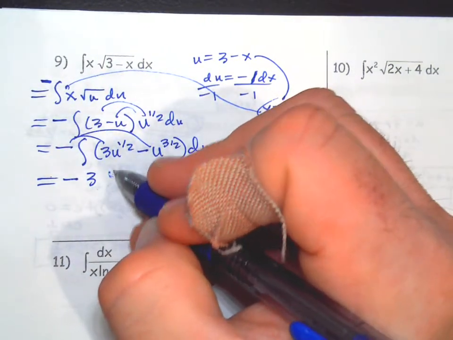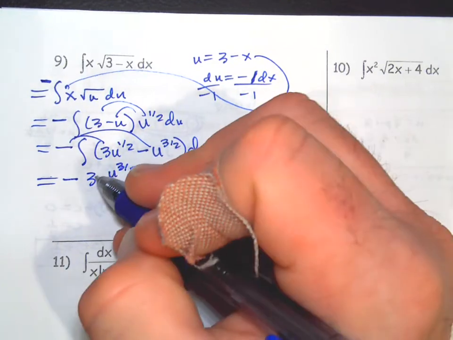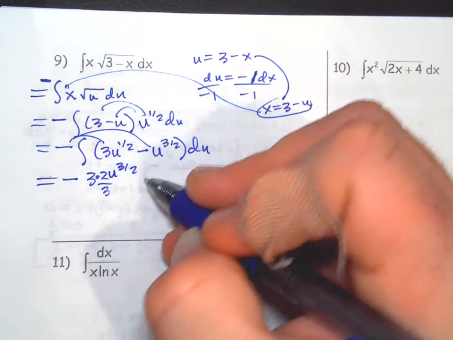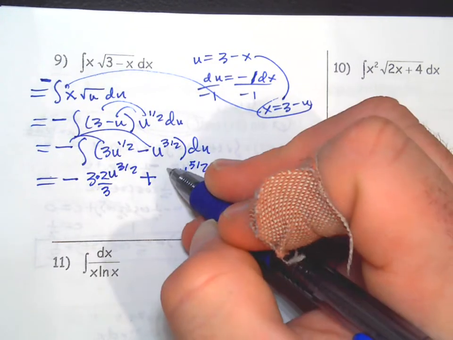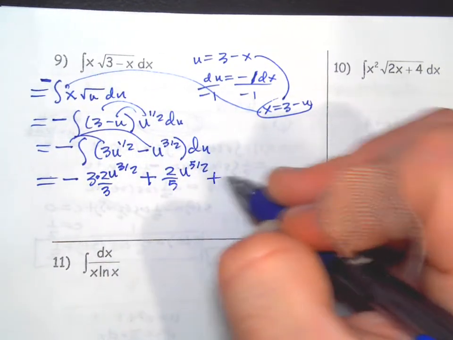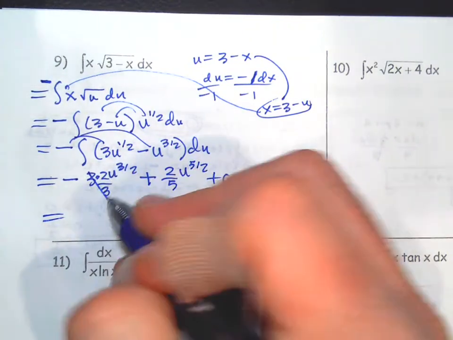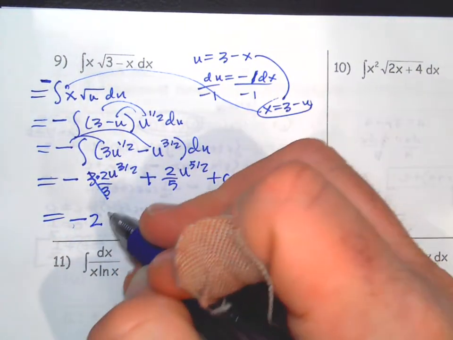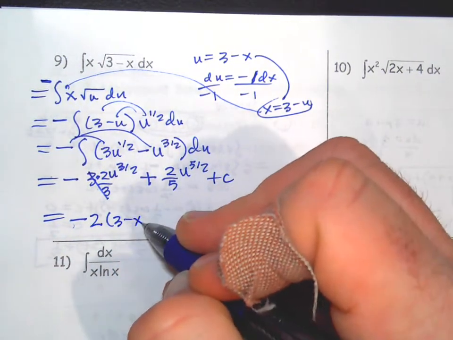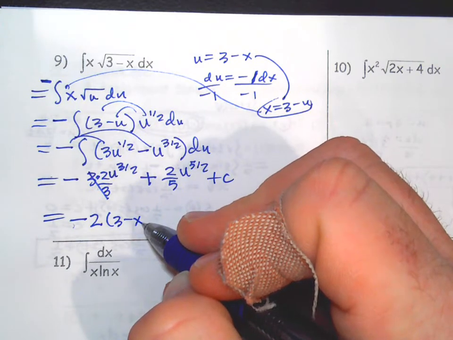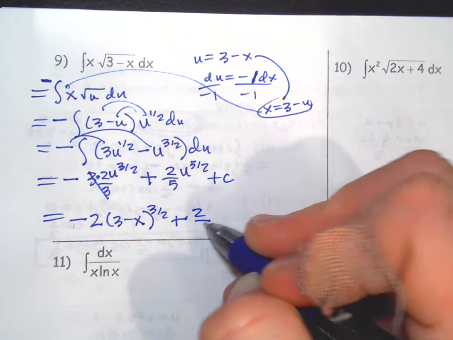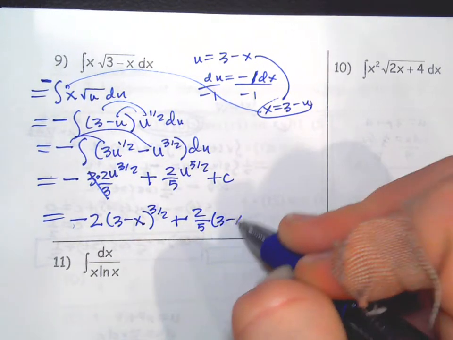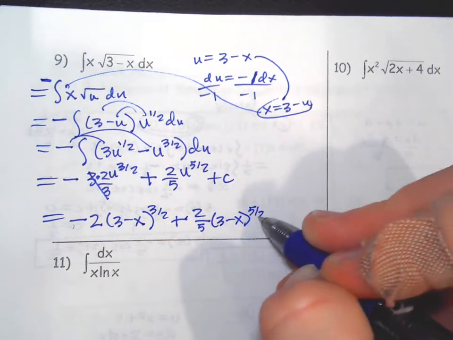Negative u to the 3 halves divided by the new exponent, multiplied by the reciprocal, plus u to the 5 halves divided by the new exponent, multiplied by the reciprocal, plus c. Final answer, we want to write nicely in the original variables. So -2 parentheses 3x to the 3 halves plus 2/5, 3 minus x to the 5 halves plus c.